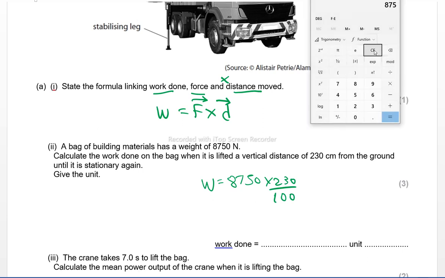It's 8750 multiplied by 230 divided by 100. You get the answer as 20,125.